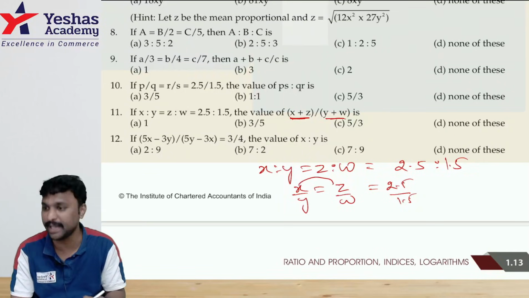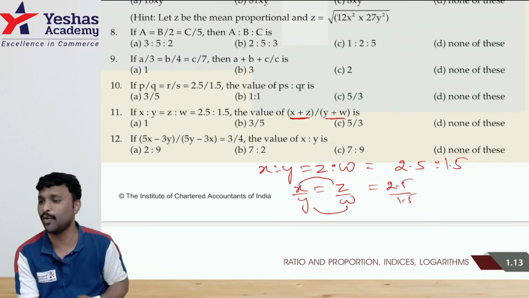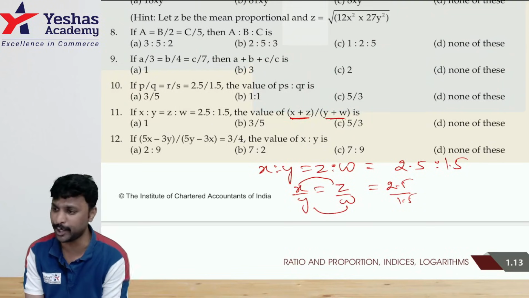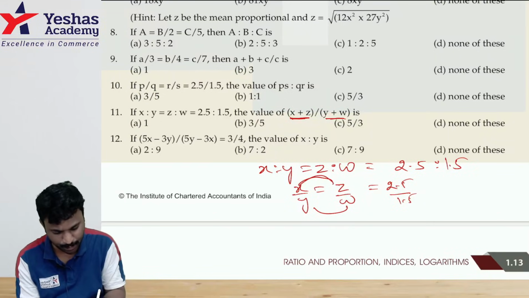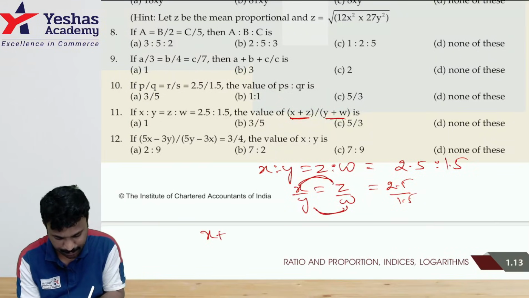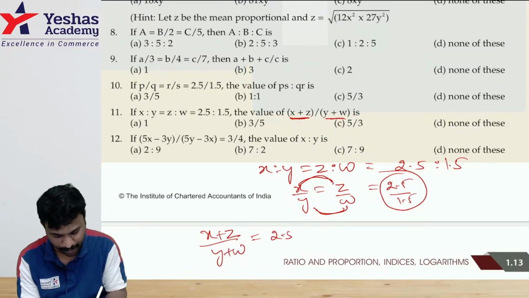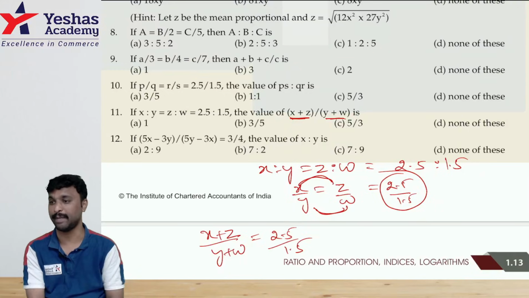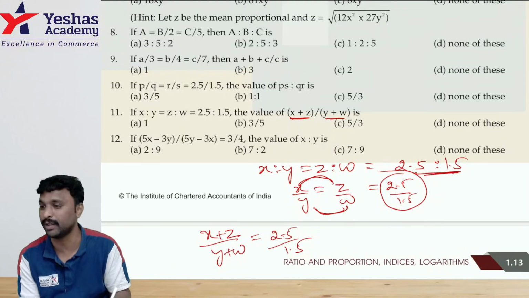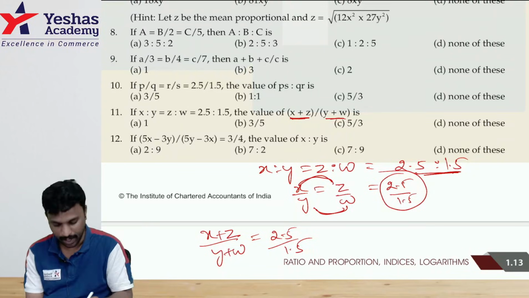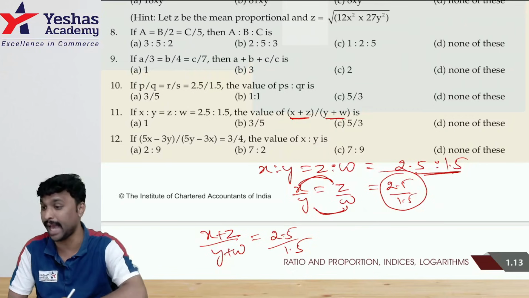Guys, x plus z means corresponding terms are added. So what you mean by corresponding terms are added means obviously it's an addendo property. Even if you add the corresponding terms of the ratio, that is x plus z divided by y plus w, as per the addendo property, it remains the same, 2.5 divided by 1.5. Whatever the ratio the two ratios are equated to, it will be equal to the same thing if you apply the addendo property.